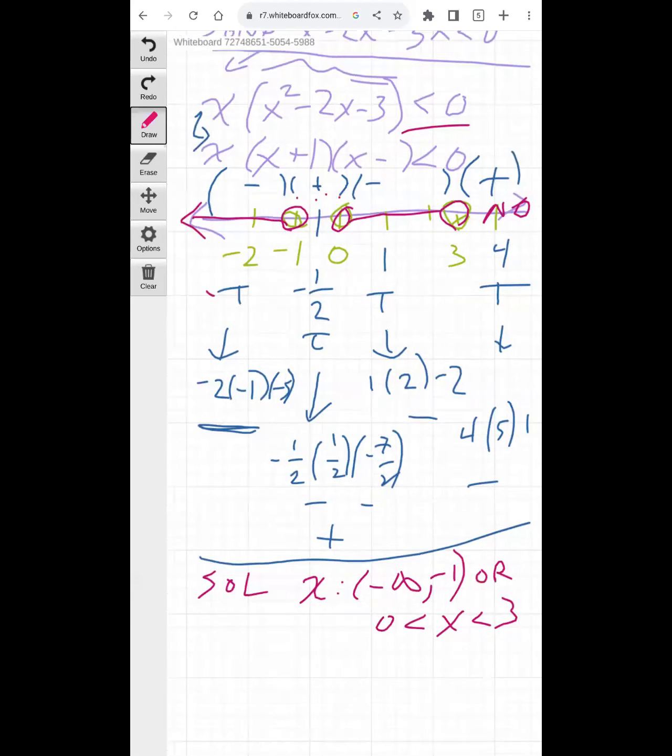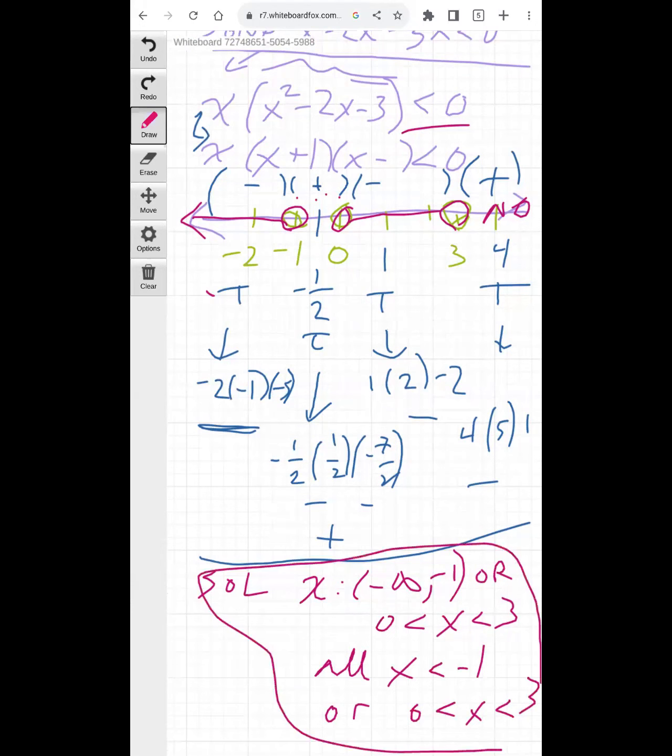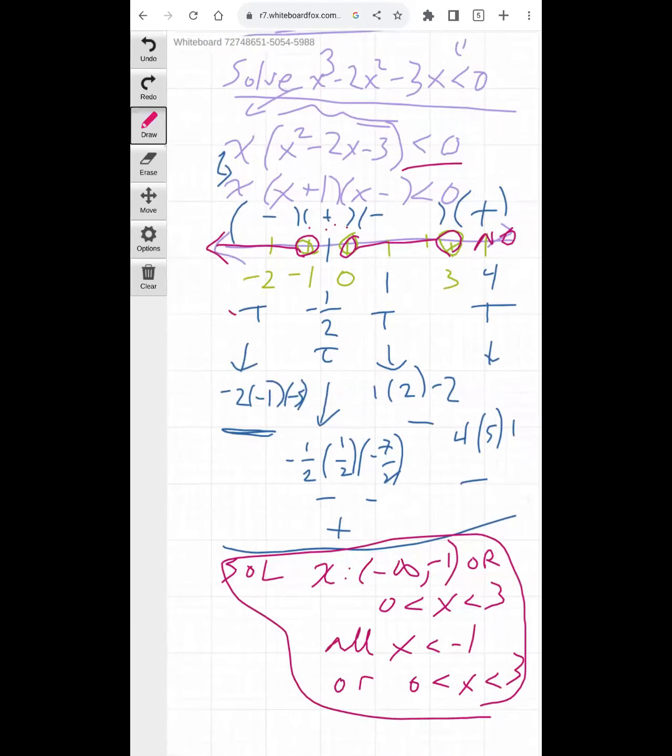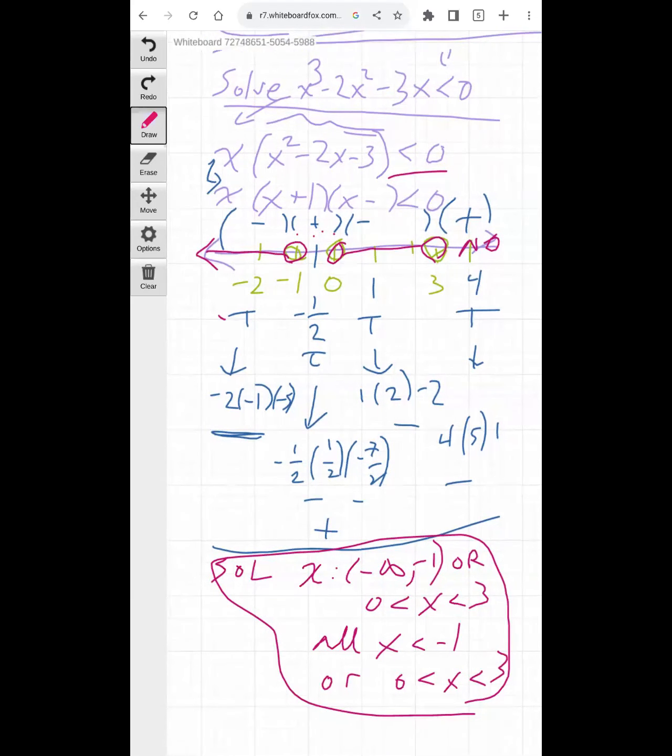Another way to write it is all x less than -1 or 0 is less than x is less than 3. So this is the solution. That's how you solve a polynomial inequality using a sign graph.